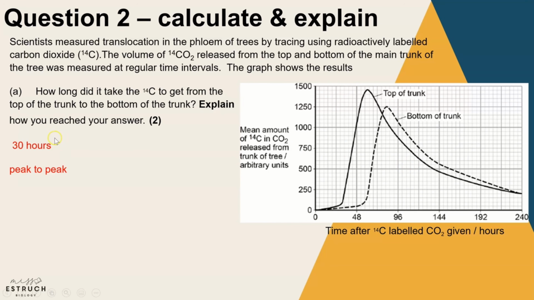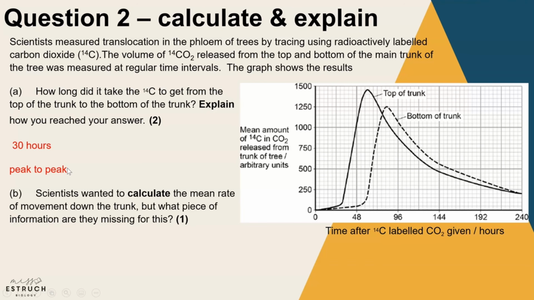So that is a calculate and then explain question. So it's a 2-in-1, that one. Scientists wanted to calculate the mean rate of movement down the trunk, but what piece of information are they missing? So the rate is always product over time. And we do have here the product over time.